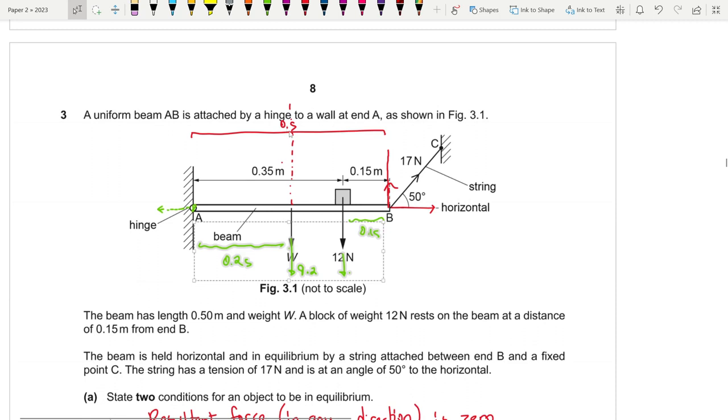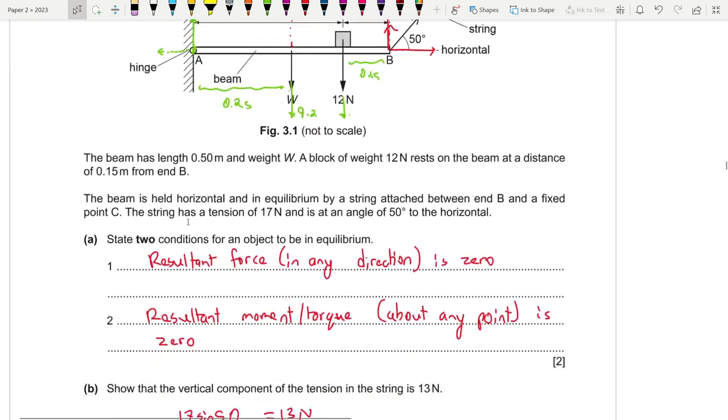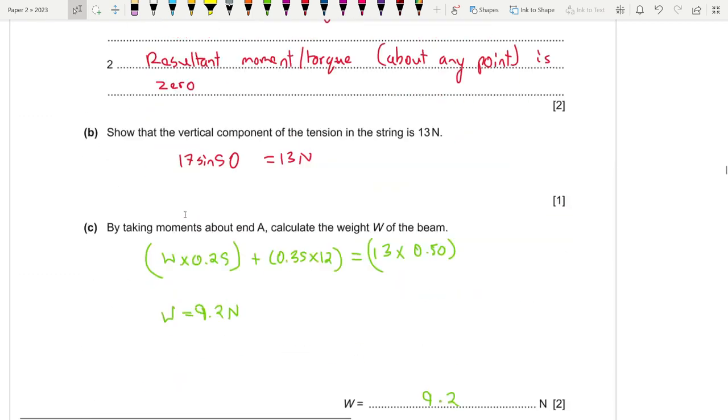The downward force is greater than the upward force, but since our object is in equilibrium, the net force must be 0. So there clearly must be an upward force acting on the beam from the hinge. Okay, so net upward force must be equal to net downward force.